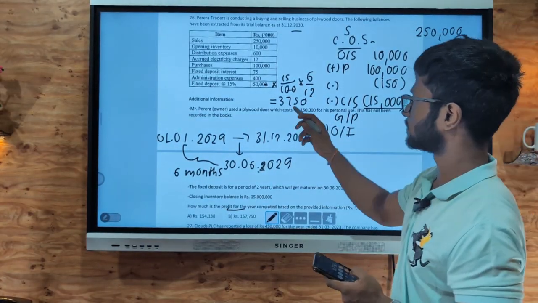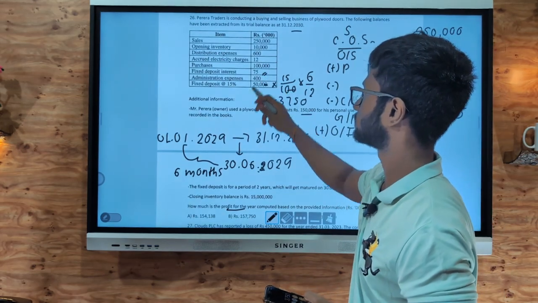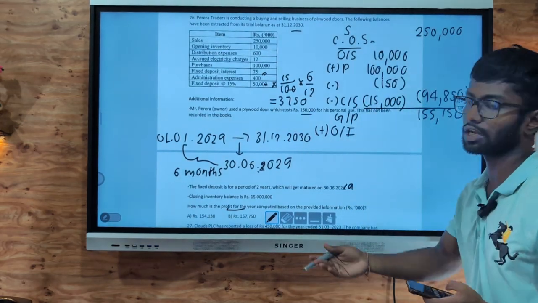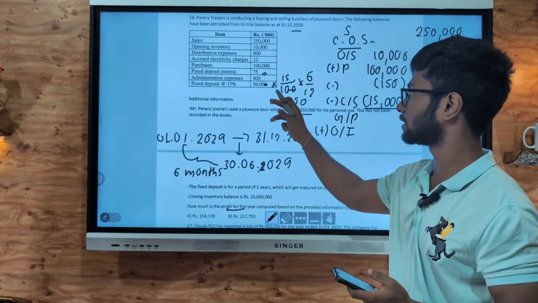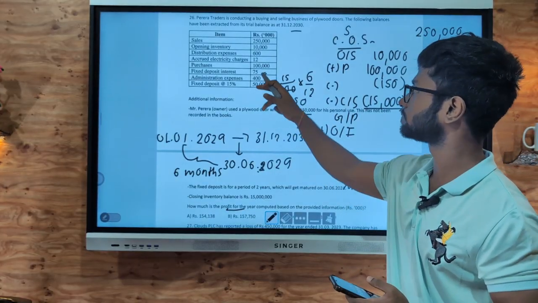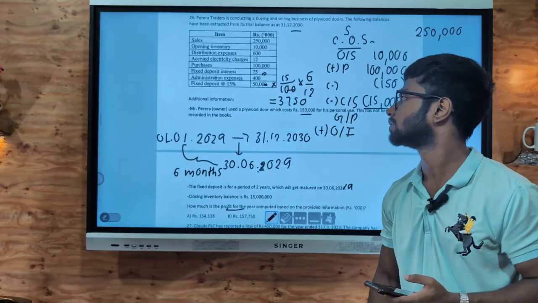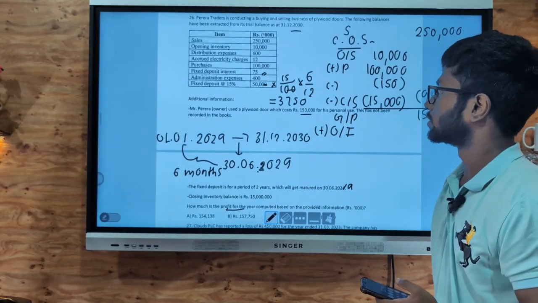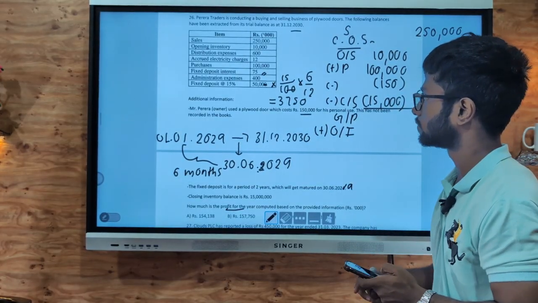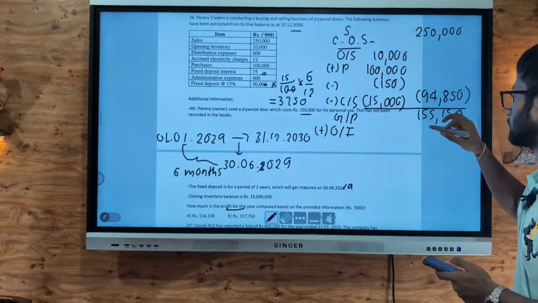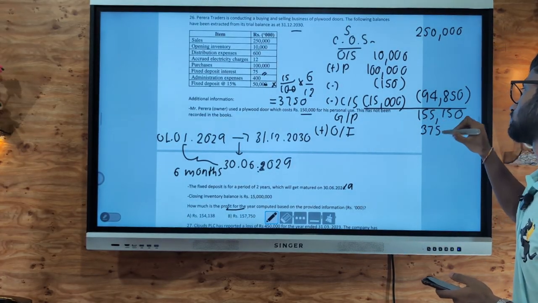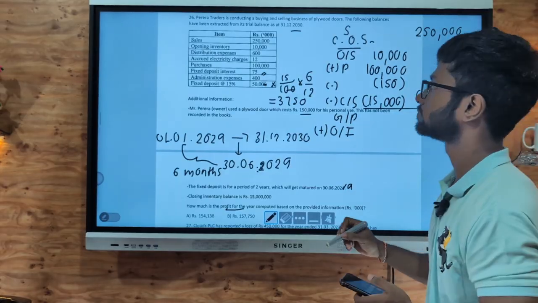Now here interest is given, no? 75 here, but that is the amount that you have obtained at the moment. Now you're supposed to get this total amount, but out of this total amount you have only got 75. So 500 into 15, yeah, here you get then 3,750 as other income.